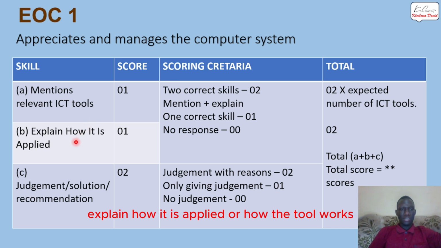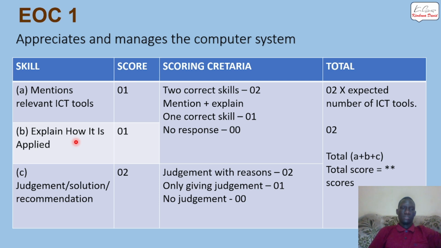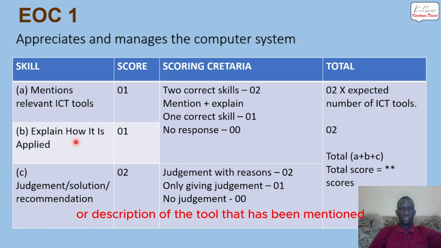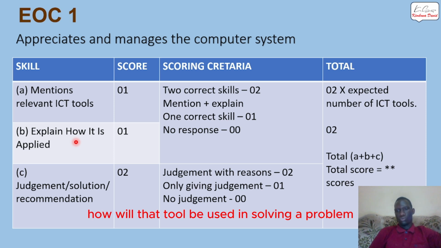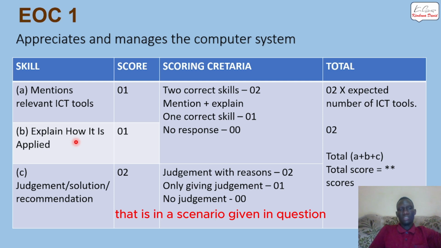Number 2, explain how it is applied or how the tool works, or a description of the tool that has been mentioned. And number 3, judgment or solution or recommendation: how will that tool be used in solving a problem that is in the scenario given in the question?